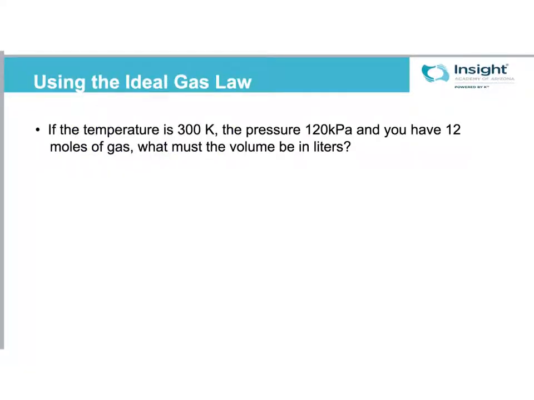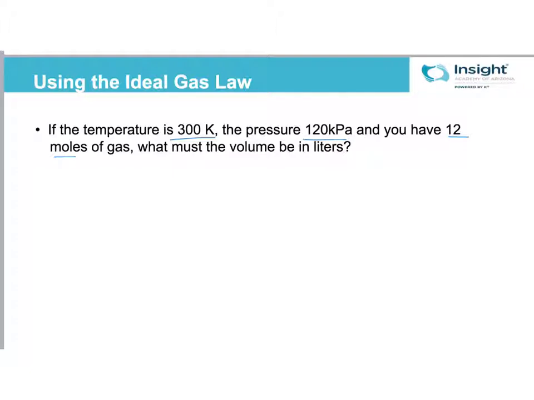Alright, so using your ideal gas law. If the temperature is 300 Kelvin, the pressure is 120 kPa, and you have 12 moles of gas, what must the volume be in liters? Alright, so let's identify what we know. We've got 300 Kelvin, 120 kPa, 12 moles.